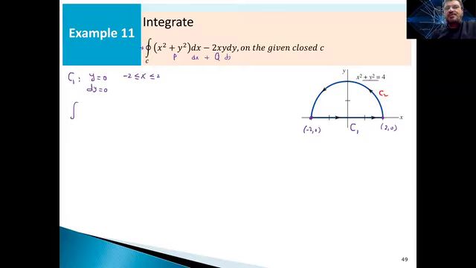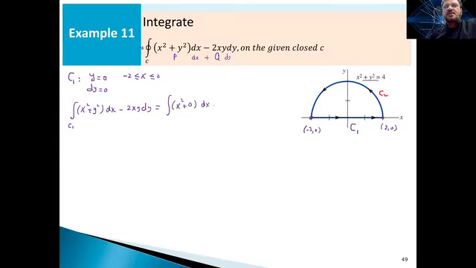Now I'm going to integrate along C1 my function, x squared plus y squared dx minus 2xy dy. Let's look at it. y is 0 and x doesn't change. So we have x squared plus y, which is 0.